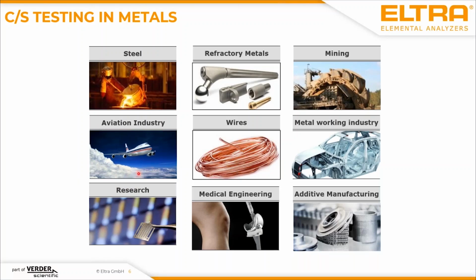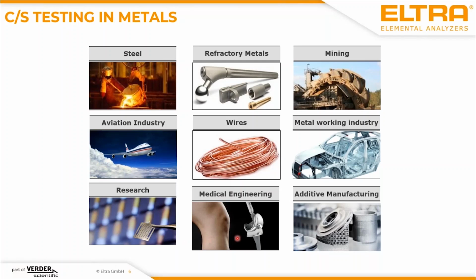Aviation industry is mainly quality testing because there you have to make sure that all the parts used in the plane are stable and have the expected quality, of course. It is used in metalworking industry in general, in wires to have a good conductivity and the pure elements.